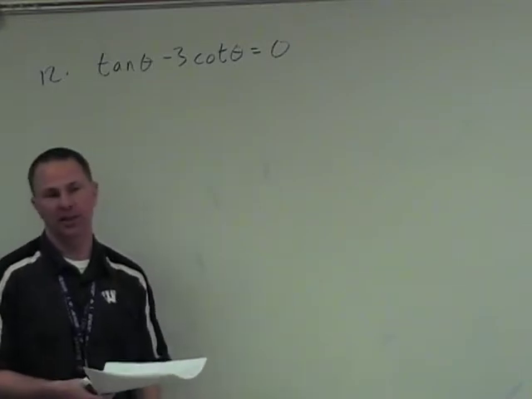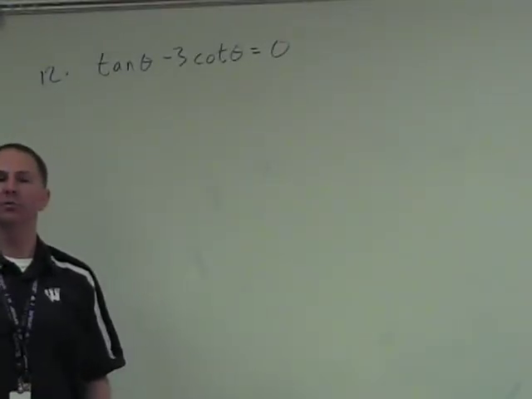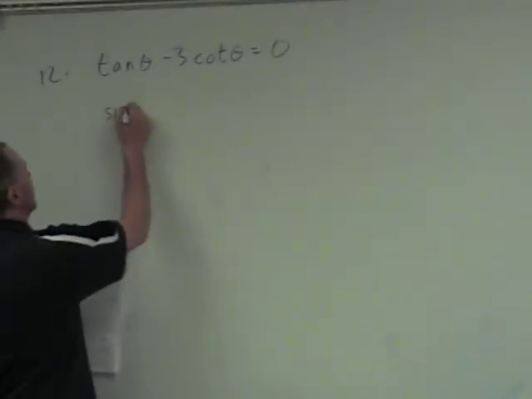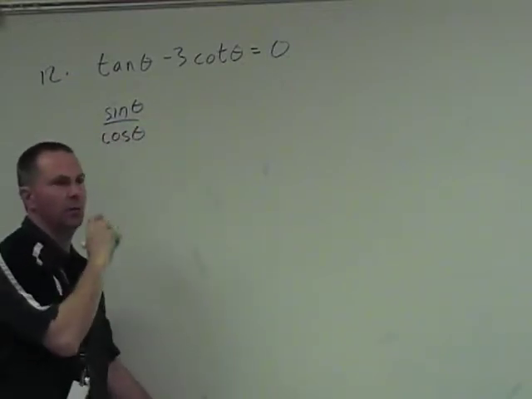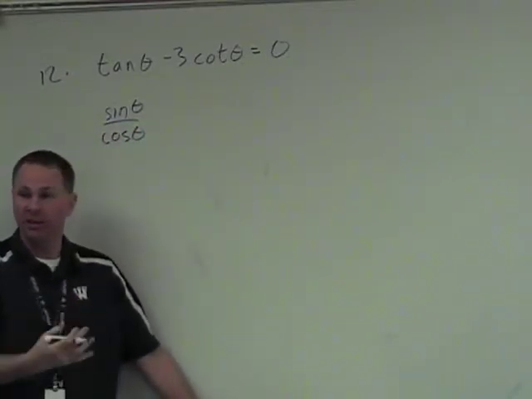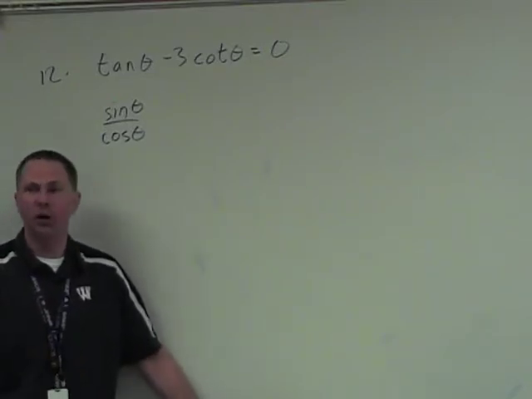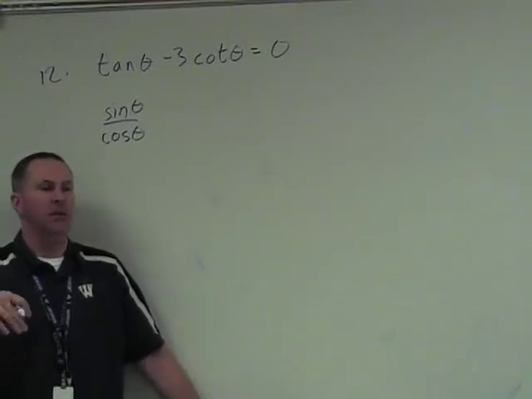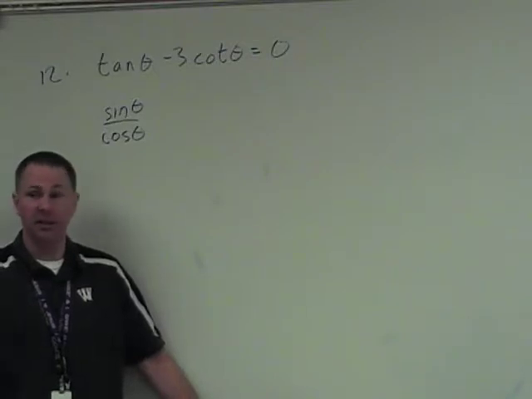What's another way of saying tangent? Well, in terms of trig functions, sine over cosine. So sine of theta over cosine of theta. At the beginning of the chapter, we were really working on manipulation, and this is why. When you come to a problem and you don't have anything to help you, then you must change the way it looks to help you. It's the exact same thing in algebra.